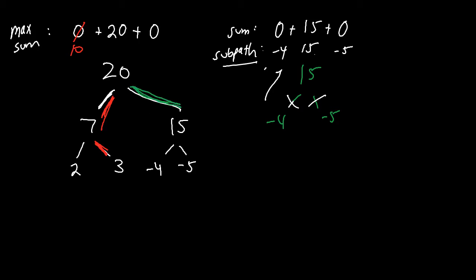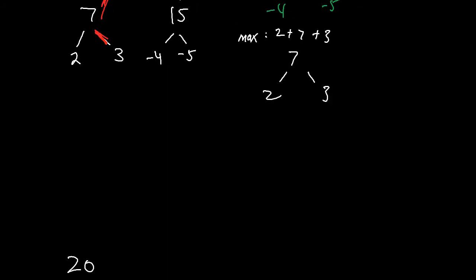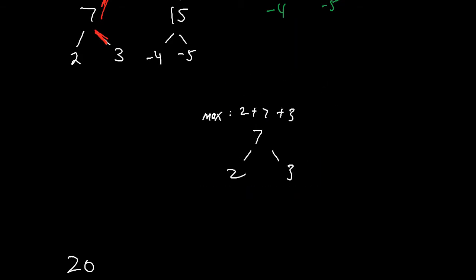So you can see here with 7, the sum and the subpath are actually two different things, right? Here we have a max sum of 2 plus 7 plus 3. But our max subpath is actually just this one, 7 plus 3.